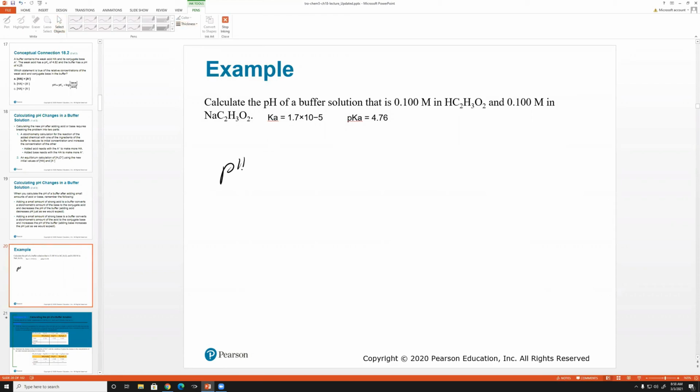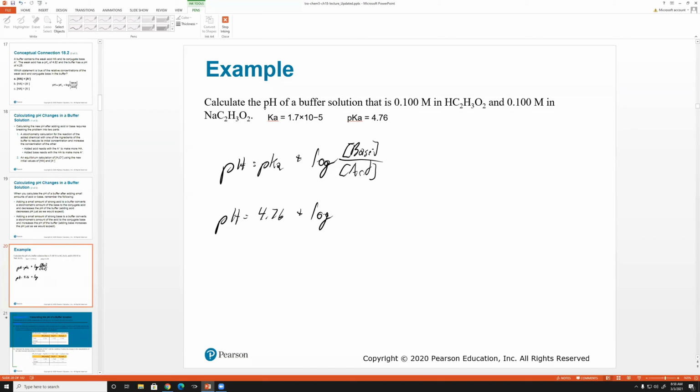So the Henderson-Hasselbalch would be pH equals pKa plus the log of the base over the acid. Now, we're given the pKa for acetic acid, which is 4.76, plus the log of the base, meaning the conjugate base, over the acid.